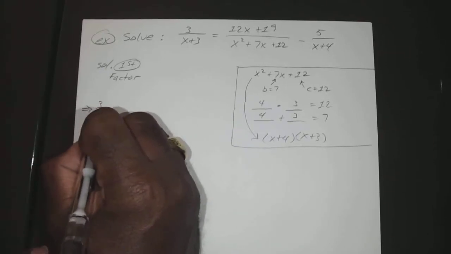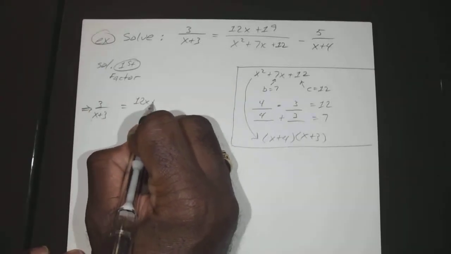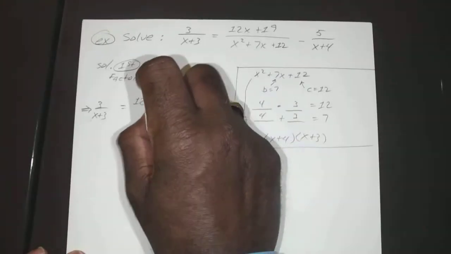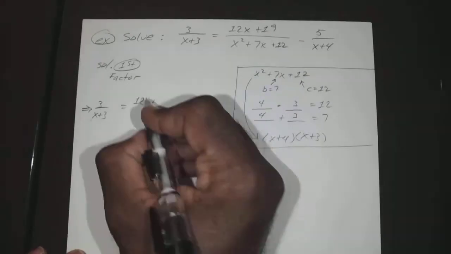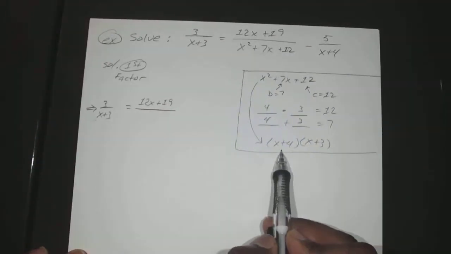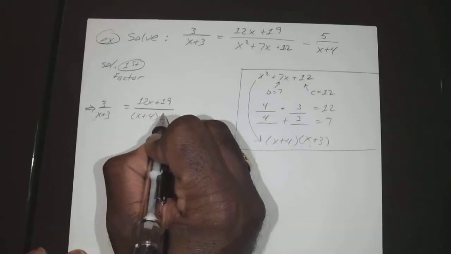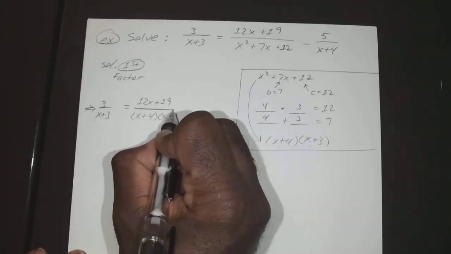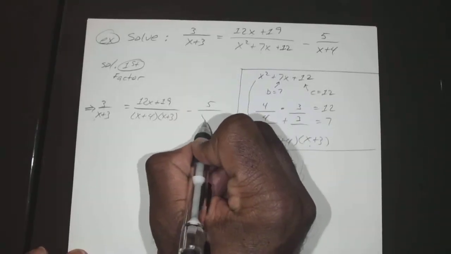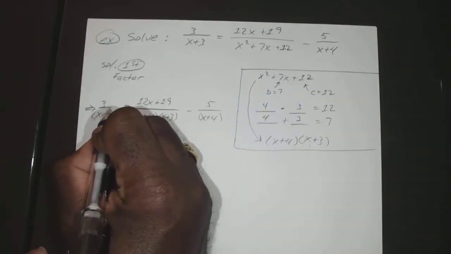So 3 over x plus 3 equals 12x plus 19 over x plus 4 times x plus 3, minus 5 over x plus 4. And put a little parentheses around that one.